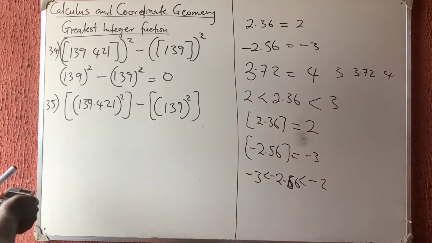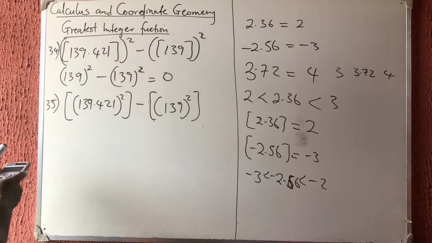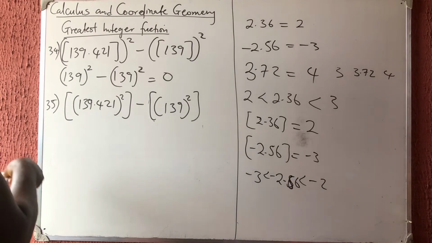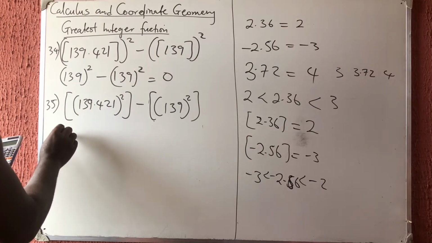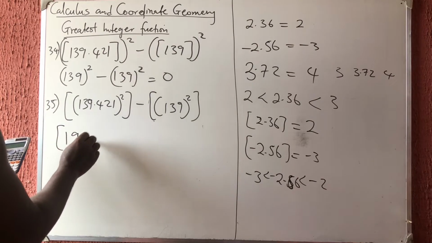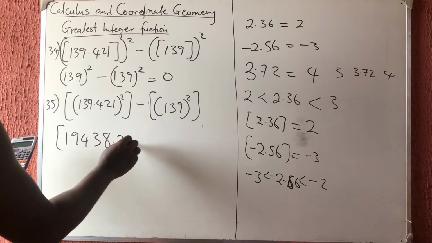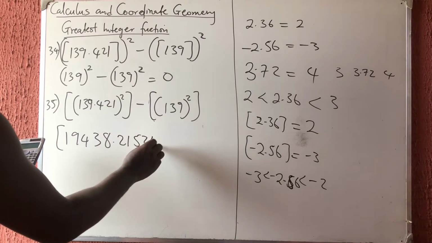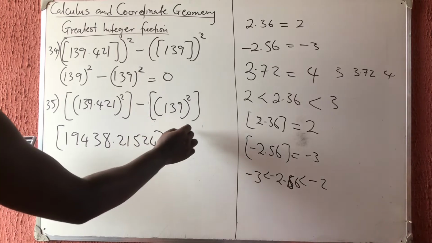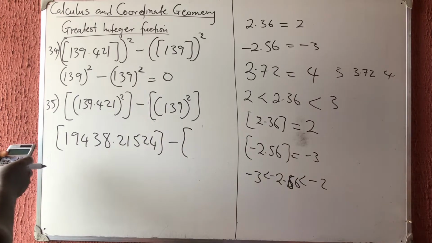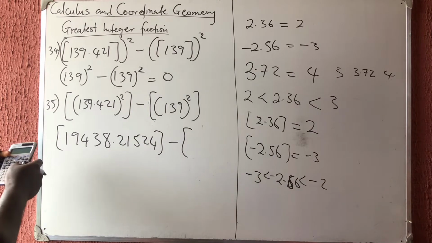So 139.421 squared is giving us 19438.21524, minus 139 squared.